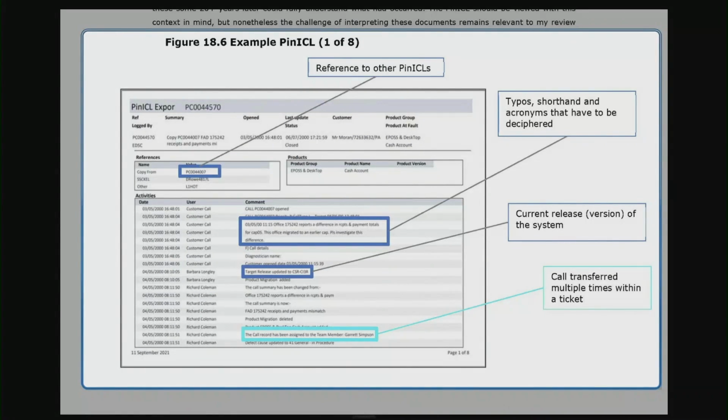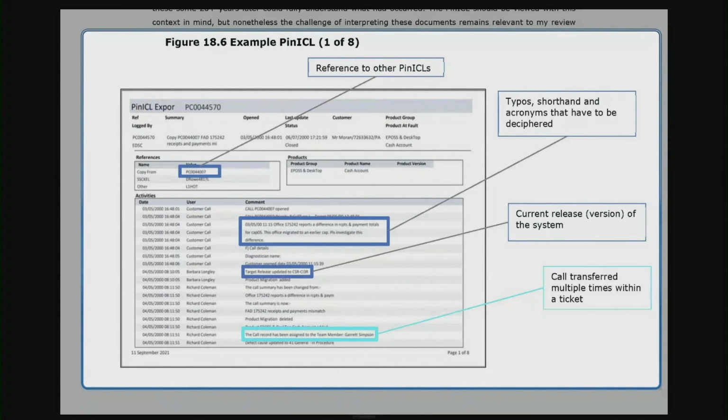There then is a summary. Can you see the word summary? Just underneath the reference number. Oh, yes, yes. Was that meant to be a summary of what the issue was? Yes.